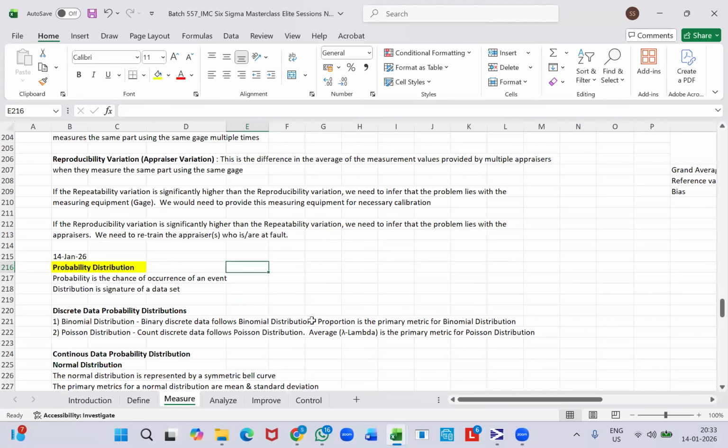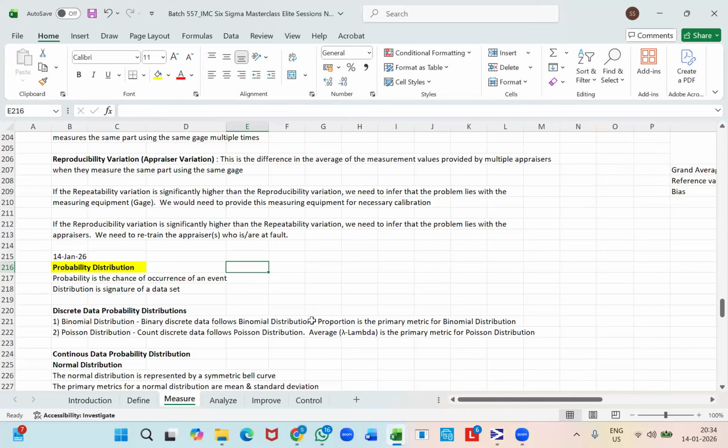So we have probability distributions for both discrete as well as continuous data. For discrete data, the most famous probability distributions are the binomial distribution and the Poisson distribution. Binomial distribution, as the word itself suggests, is followed by binary discrete data. And we all know that binary discrete data would be better represented by the metric called proportion.